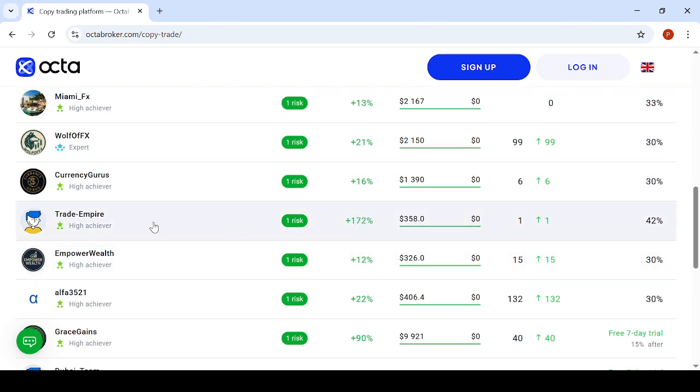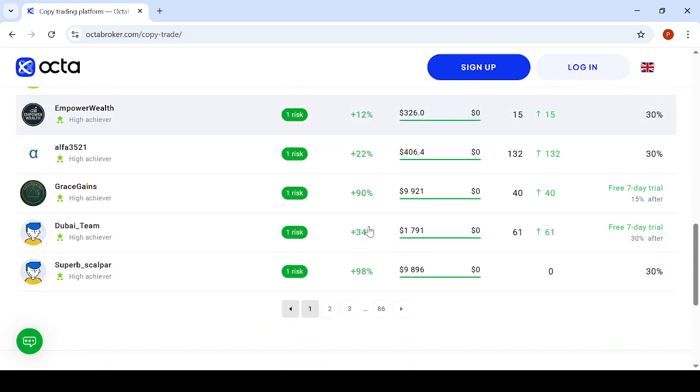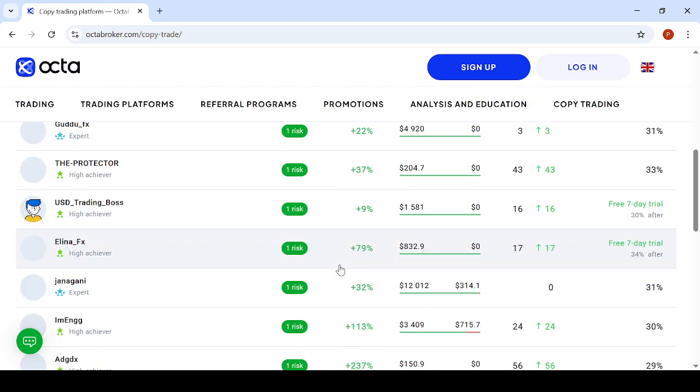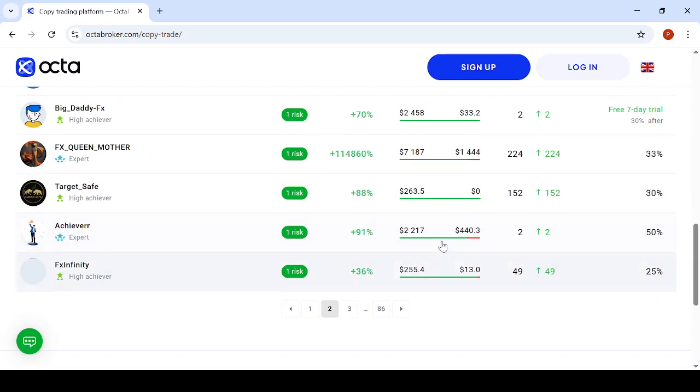You can see this particular trader, Empire, has made a total of 172% gain on his account. You can scan through and see a lot more traders as you go. You see the traders that have made a lot of gains and the ones that have had a lot of losses.